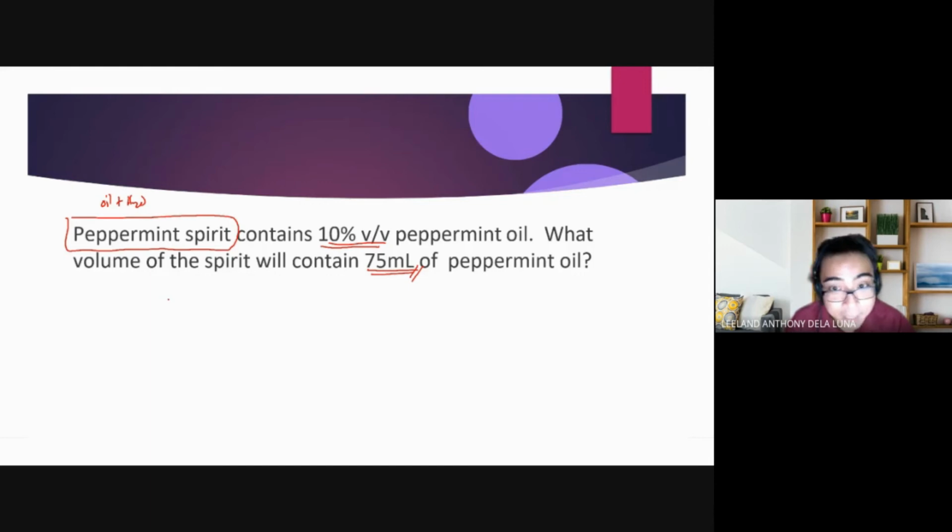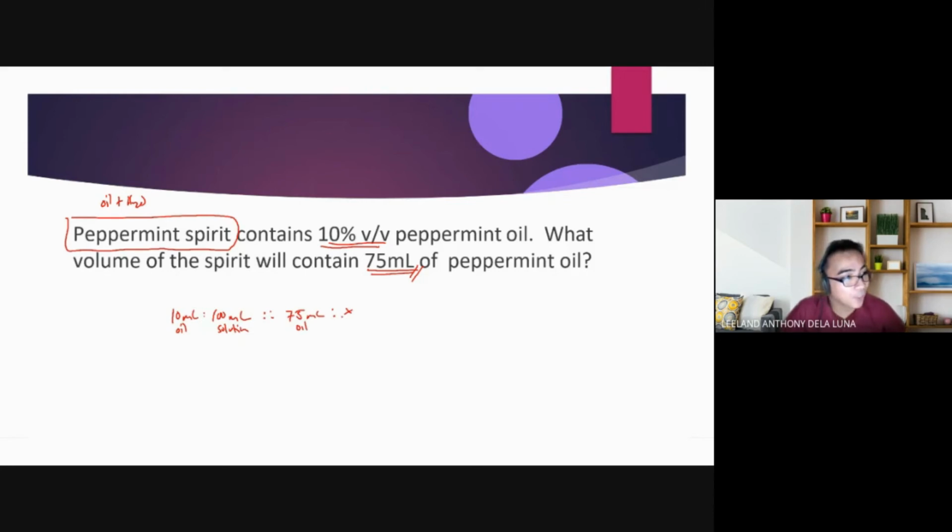So therefore, this is volume per volume. So hence class, ang peppermint spirit ko, 10 ml oil should be used to make a 100 ml solution. Now class, ang sabi dito is, gagamit ako ng 75 ml peppermint oil. So 75 ml nung oil, gaano karami ang solution na magagawa ko?